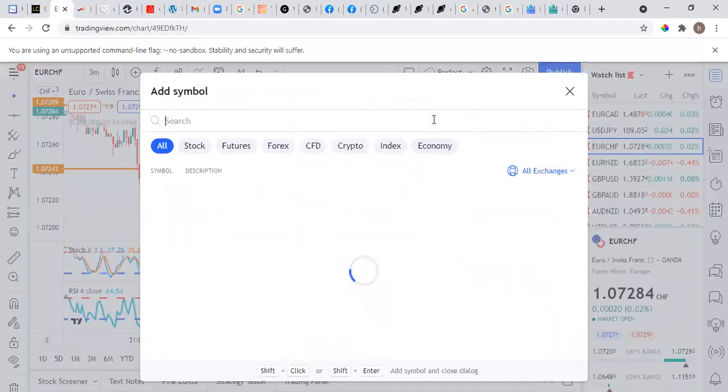Where's my Euro JPY? Let me add Euro JPY again.